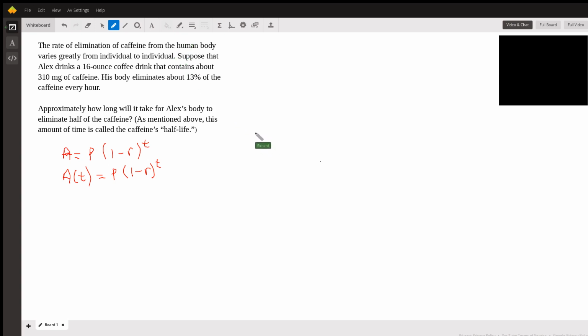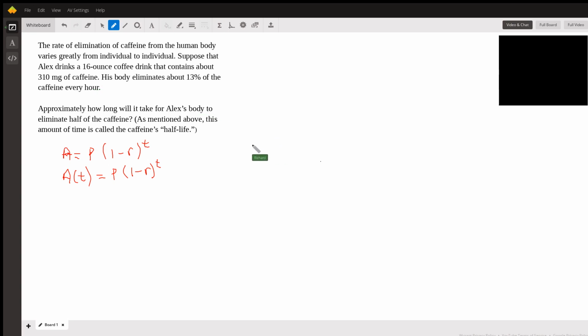So we're told we want to know how long it will take for Alex to eliminate half of the 310 milligrams of caffeine.